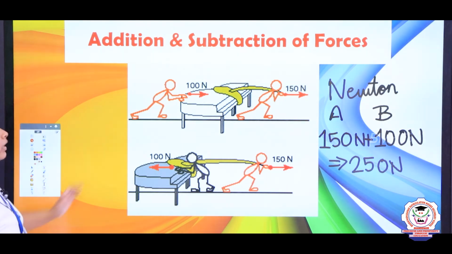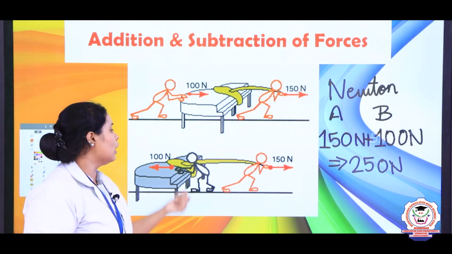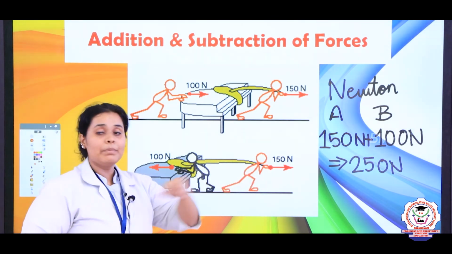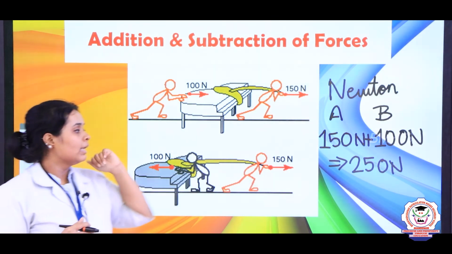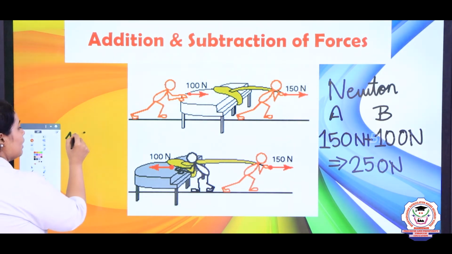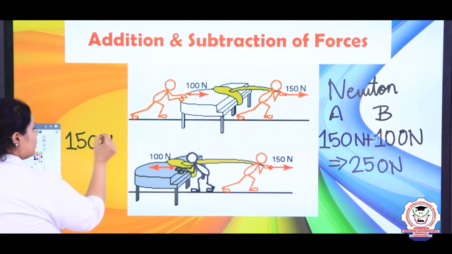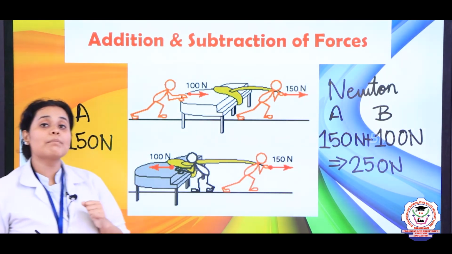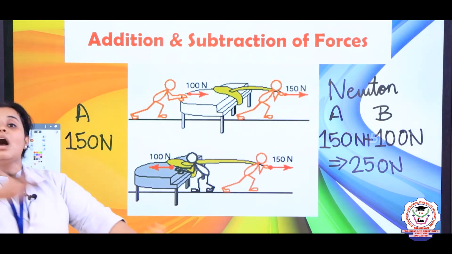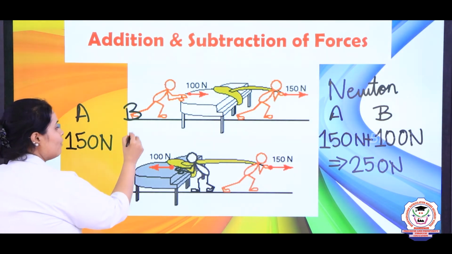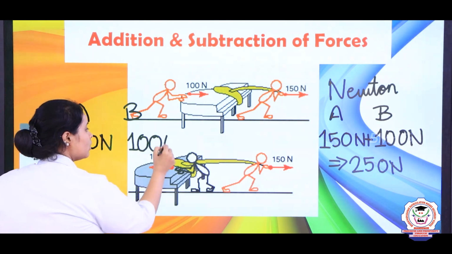Same way, there are another two people. Again the piano is the same here, but now person A is applying the force in that direction. So, the force there is 150 Newton by A. Same way, the second one is also applying a force, but in the opposite direction. So, B is applying the force of 100 Newton.